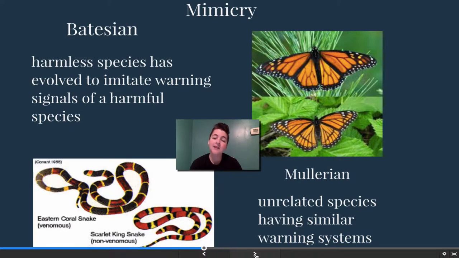The king snake has very similar markings, warning its predators that it is venomous when it really isn't. Then we have Müllerian mimicry, where two unrelated species have similar warning systems. Here we have the viceroy butterfly and the monarch butterfly. They have bright warning colors to let predators know that they do not taste good. They actually taste quite bad.